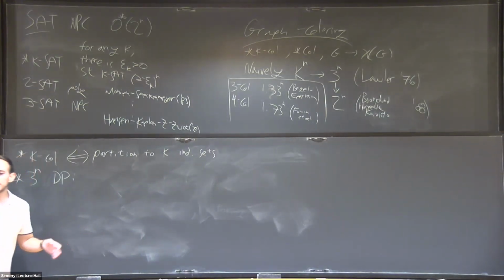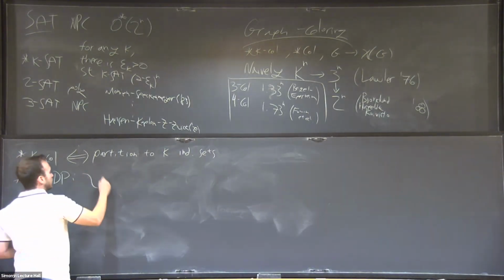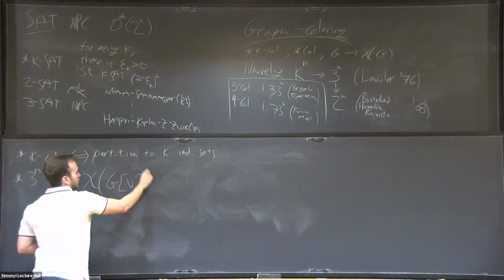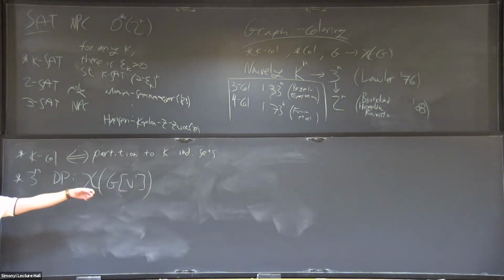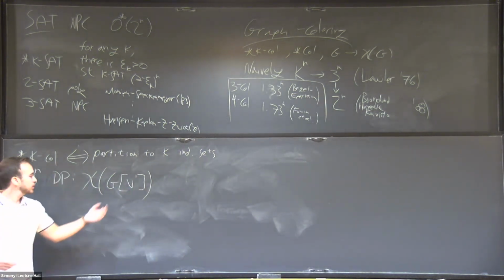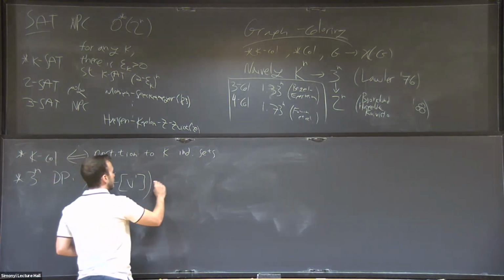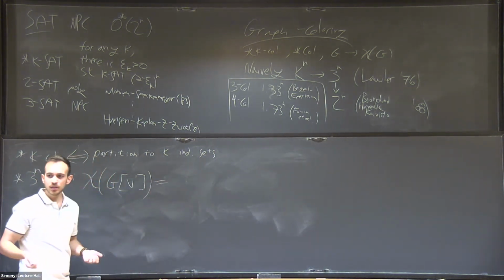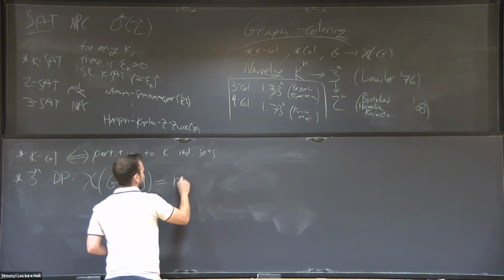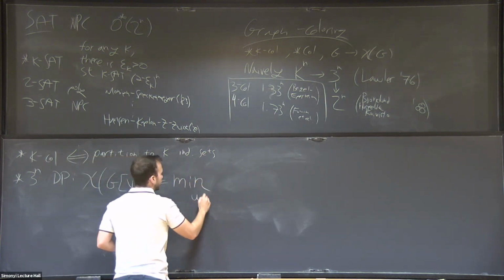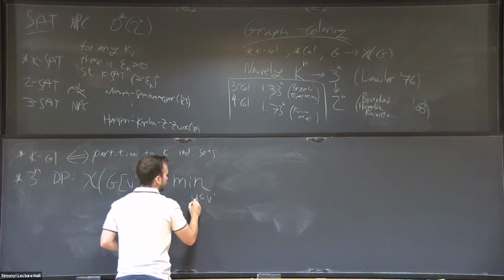We want to compute the chromatic number of every induced subgraph. So for every subset of the vertex set, I want to compute the chromatic number of that induced subgraph. And how would we do that? We can notice that this is just the minimum over every independent set within this vertex set.